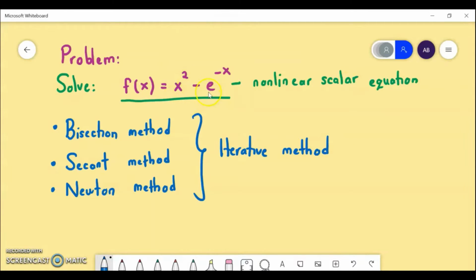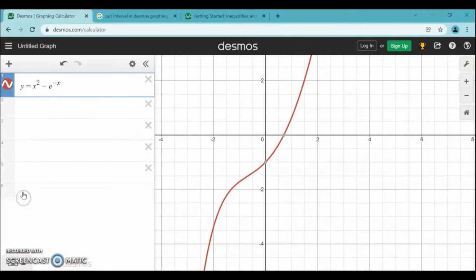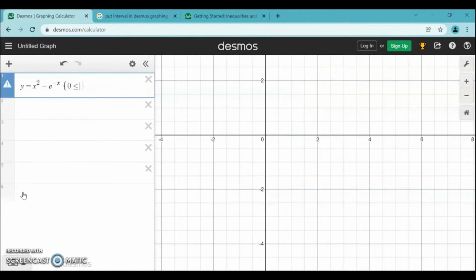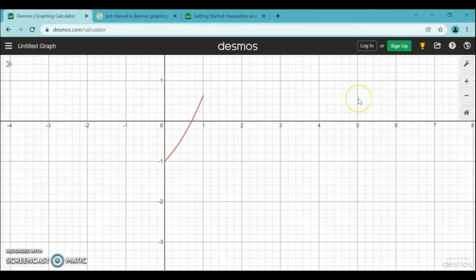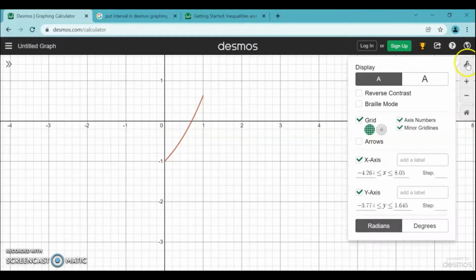x squared minus e to the power of negative x. Let's say I want to set the interval of x from 0 to 1. So if we look here, this is the interval where the value of x is from 0 to 1.